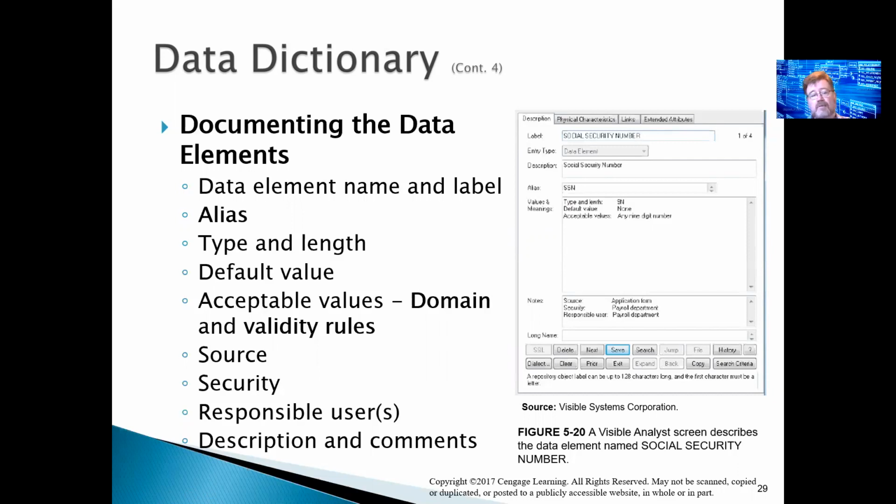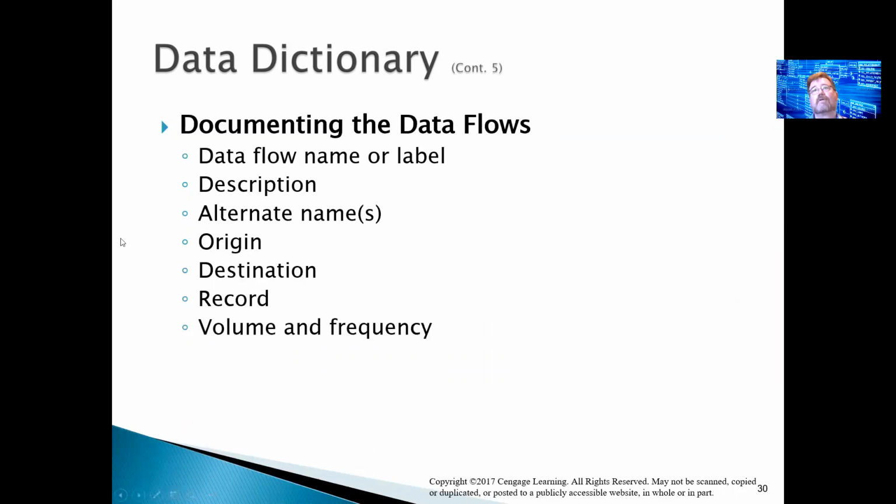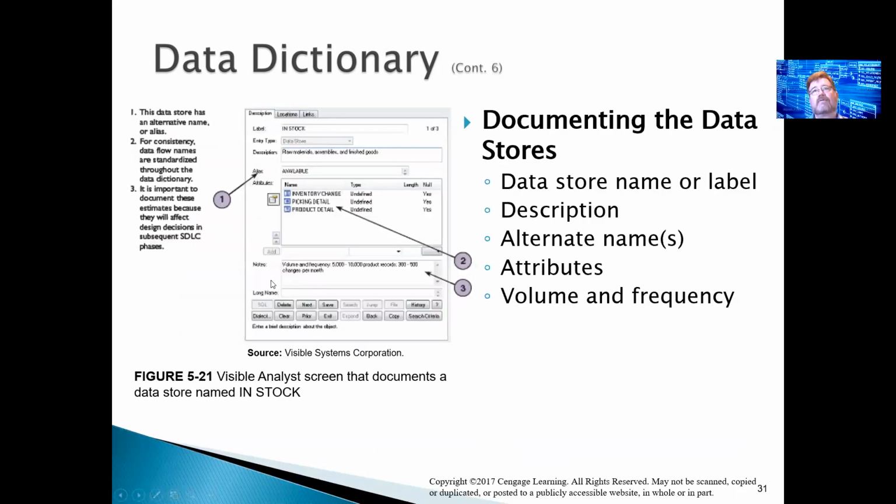Order numbers have to be between 1111 and 9999 or something like that. Who can actually see the order number? That would be another one. For example, if we were looking at human resource salaries, there would definitely be some security around that. So it's not just an issue of basic data types. There is definitely logic that you can put there as rules. And so anyway, that's what they're talking about there.